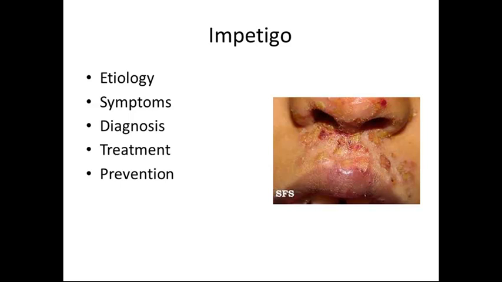We diagnose this by bacterial culture by swabbing the ruptured pustules or vesicles. Treatment, washing the area, applying antibiotic ointment, and sometimes oral antibiotics are needed in order to treat this condition. Prevention, we typically prevent this by good personal hygiene.